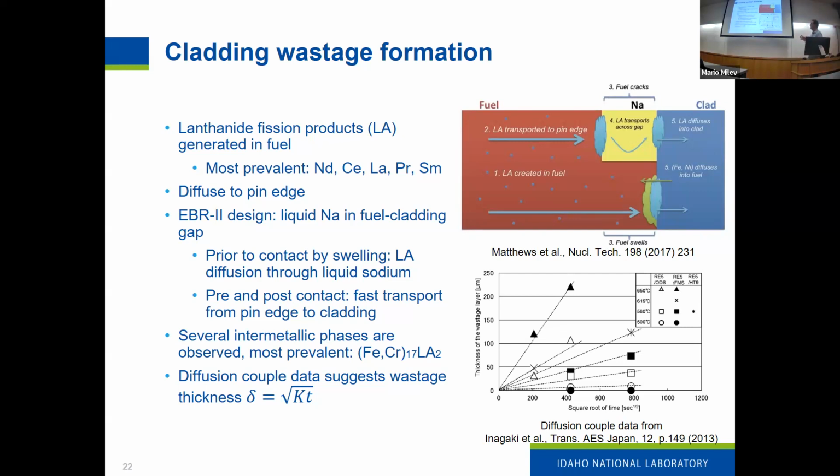So they're created in the fuel as fission products, according to their fission yield. Then they're transported to the edge of the pin, and depending on whether the fuel is swelling, and whether the fuel is in contact or not, that controls how they're transported into the cladding.